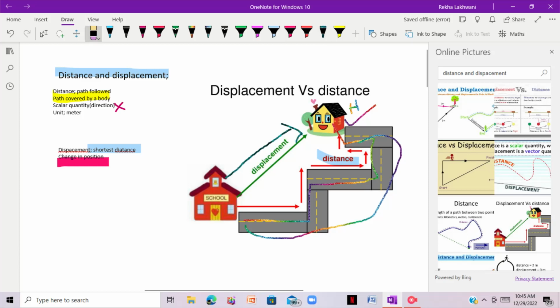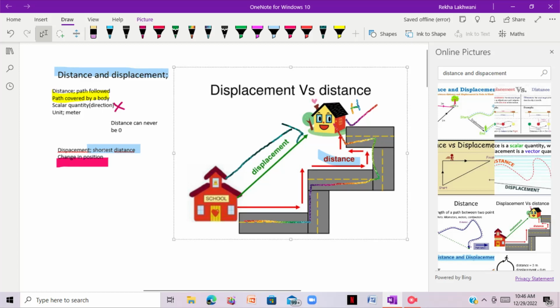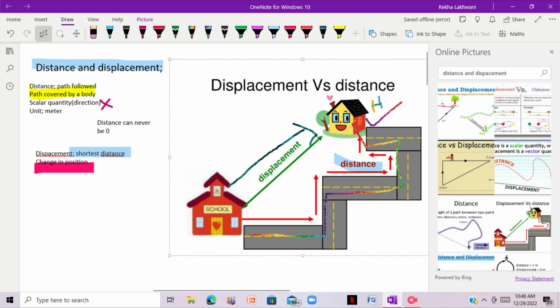But displacement can be equal to zero. It can be -2, or even +2. Displacement can be zero, negative, or positive.